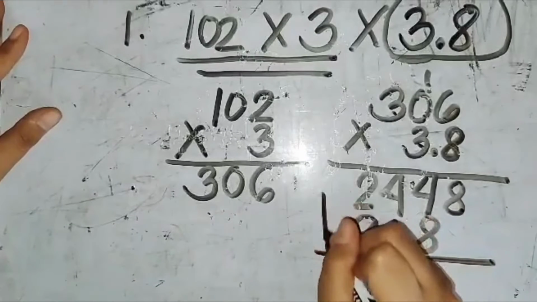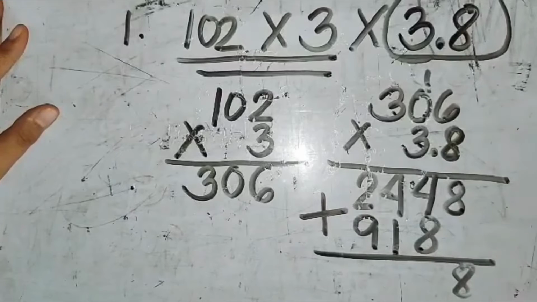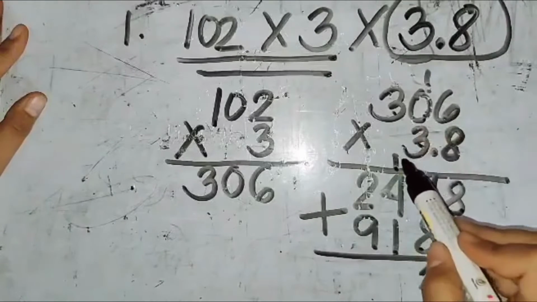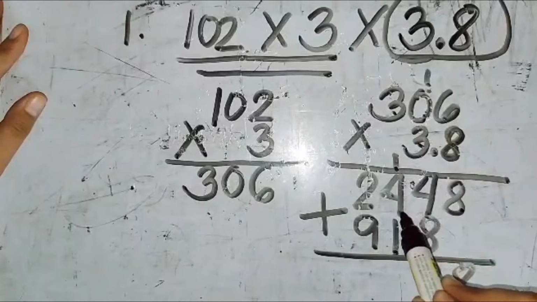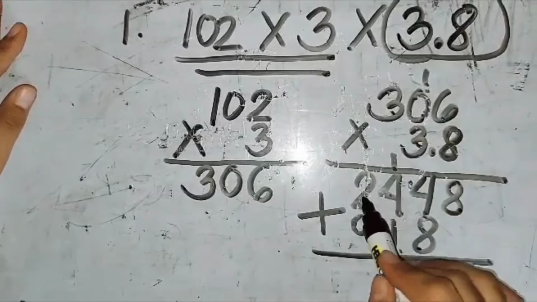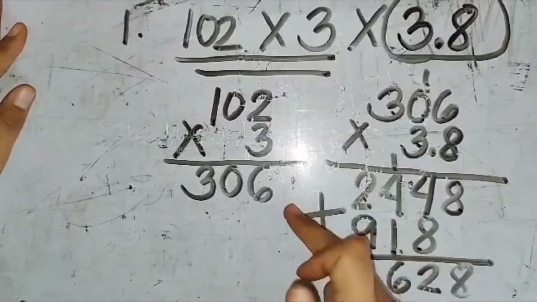Okay, then add. 8. Then 4 plus 8 is 12. Carry 1. 1 plus 4 is 5, plus 1 is 6. Okay, then 2 plus 9 is 11. Hindi mo na kailangan i-carry kasi wala nang kasunod na number.